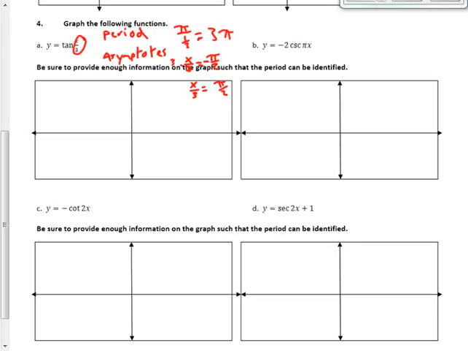So I'm going to multiply by 3 on both sides, and so I get an asymptote at x equals negative 3 pi over 2. And times 3, I get an asymptote at 3 pi over 2.